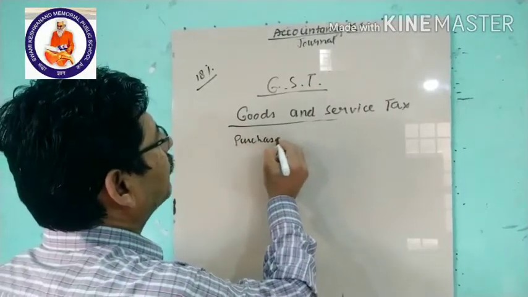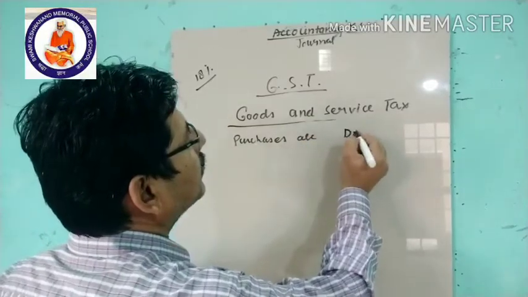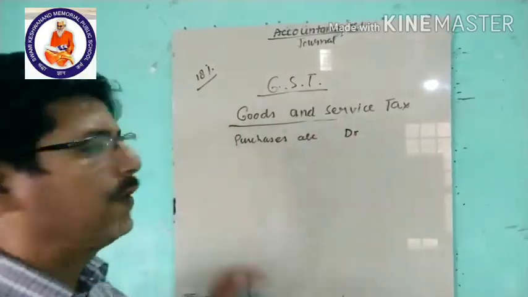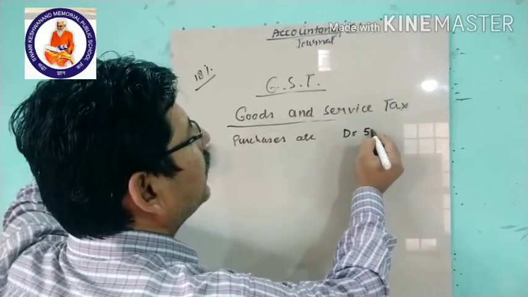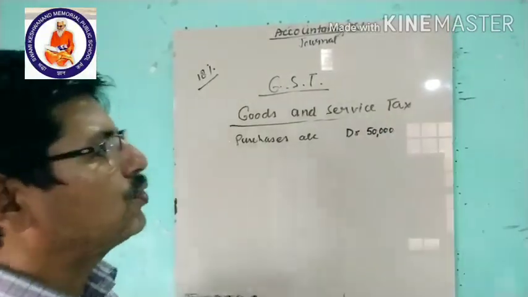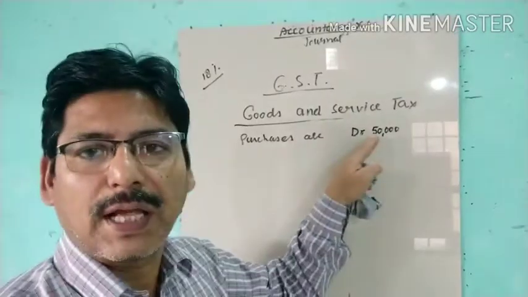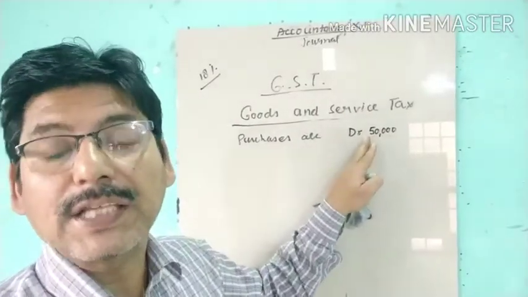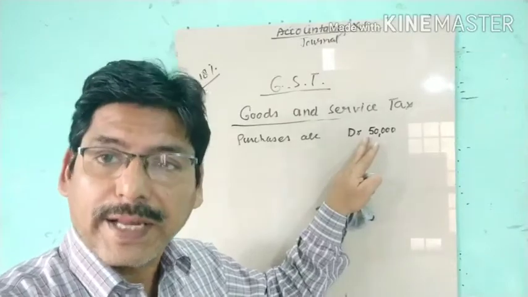Purchases account debit. We are buying for what amount? This is for 50,000. Now tax. Because we are paying for the purchases as well as the tax also.